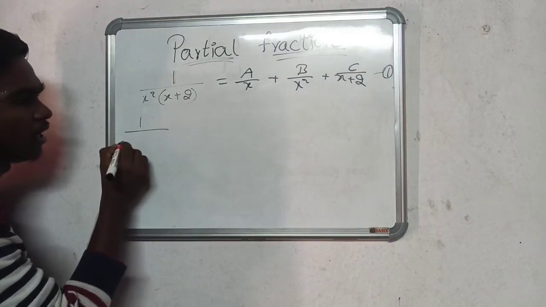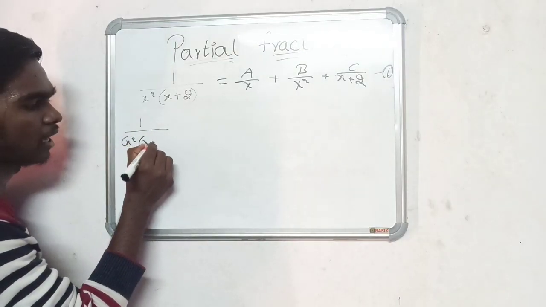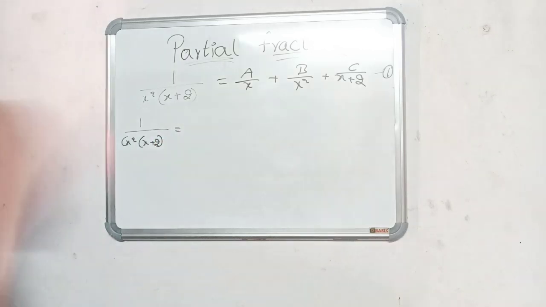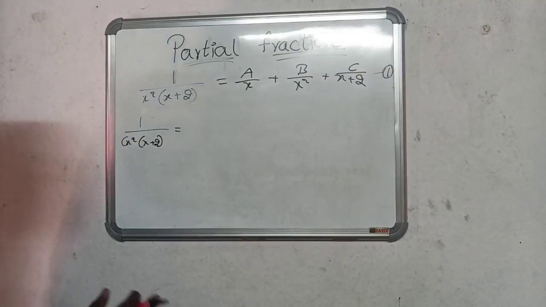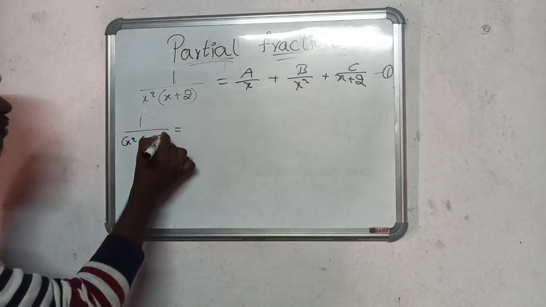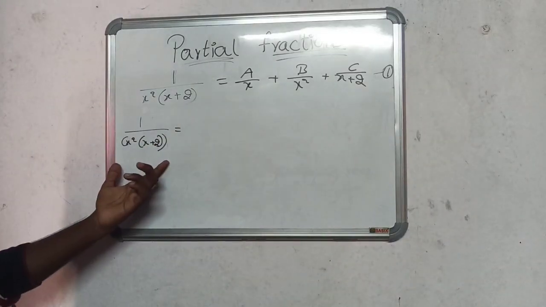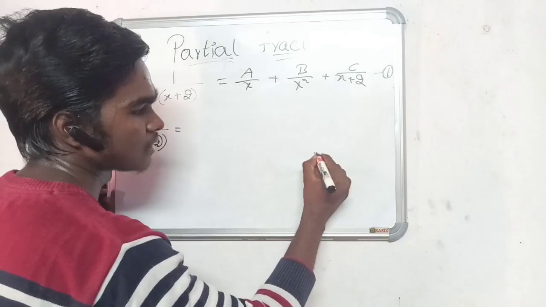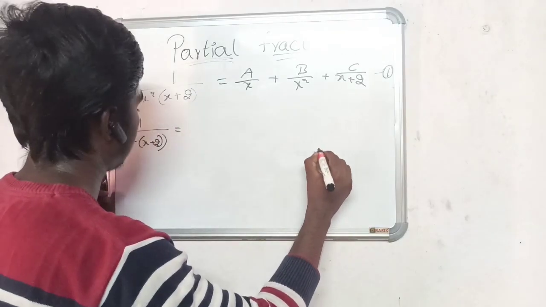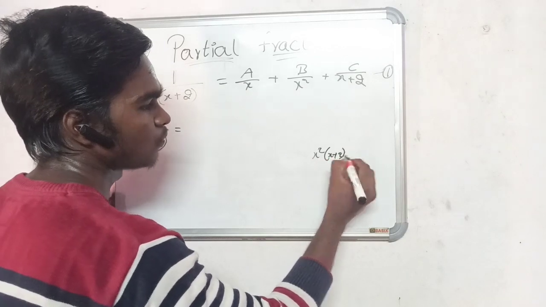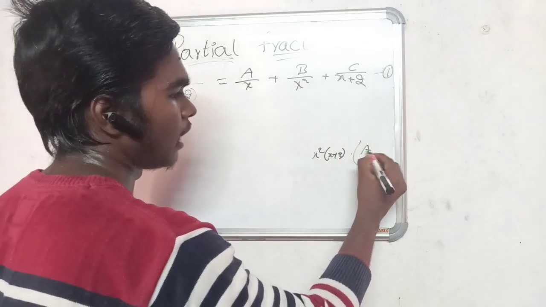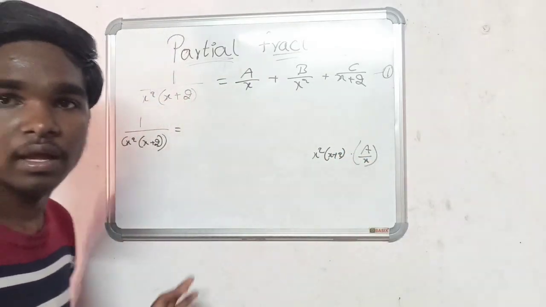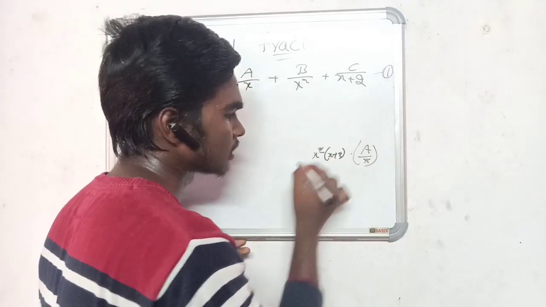Then we will get 1 by x square into x plus 2 is equal to, and if you don't know how to do LCM, see it. How to do LCM for this? We want to multiply in this form: x square into x plus 2 into a by x, where x and square will be cancelled.